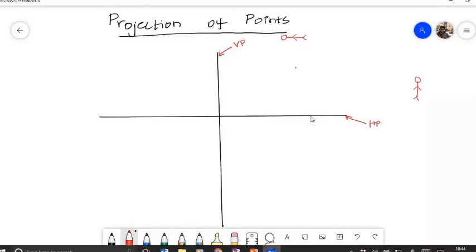Sir, for that we need some coordinate points. Okay, so assume that this distance is 25 mm, and this distance is say 30 mm. Then how will you explain that?